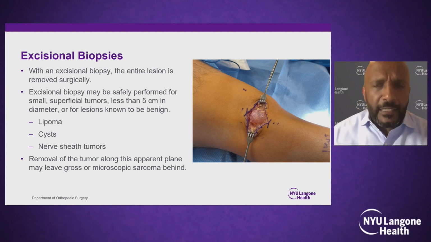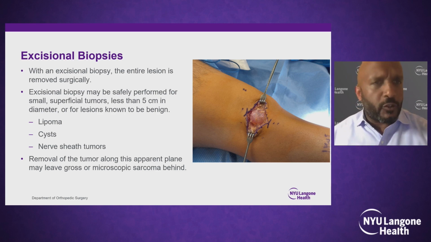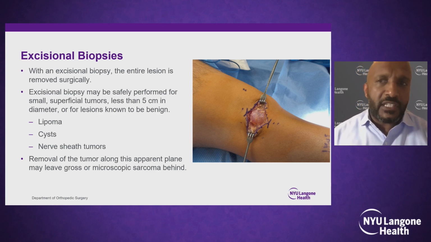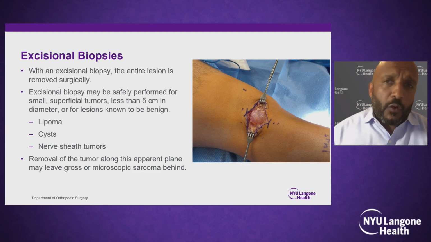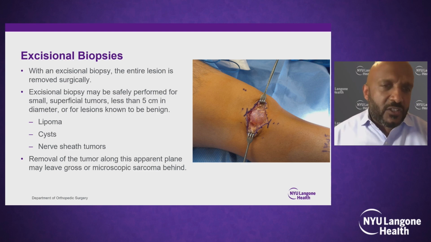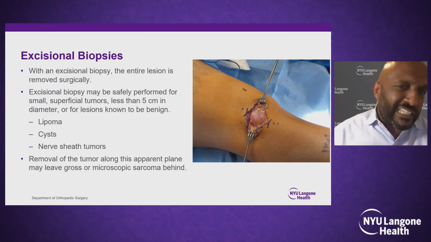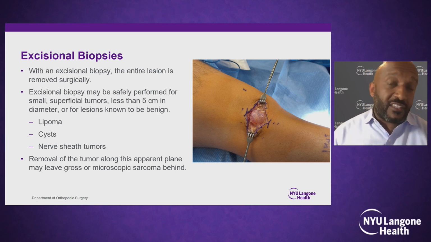Now, it's not all needle biopsies. I just told you that we still sometimes have to do excisional biopsies. And sometimes we have such a great feeling about a lesion or mass, whether it's a cyst or a lipoma, that we don't usually need to biopsy in advance, and we can just excise them.